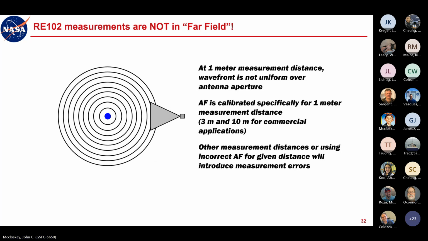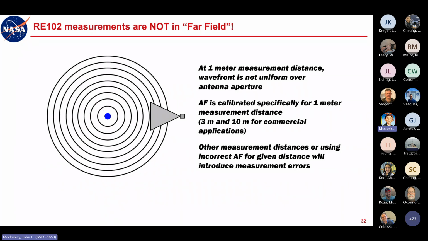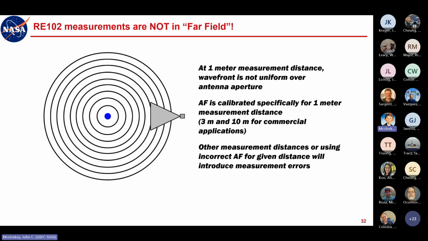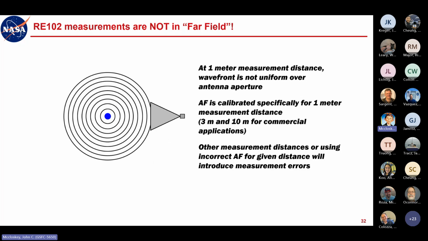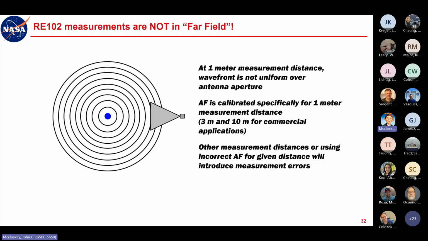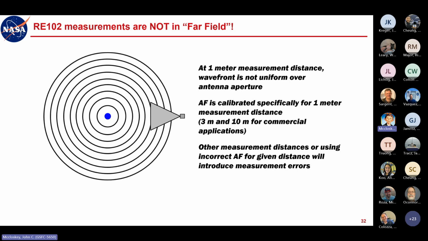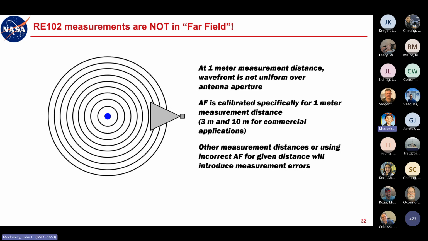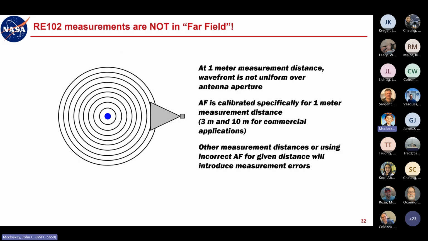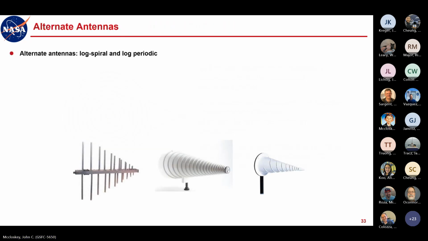Now, is it terribly significant? I don't know. If it introduces 1 or 2 dB error in your measurement, and you're aware of that and you can tolerate that kind of uncertainty, then maybe it's okay. But again, it's just being mindful of your application. Right. So, but this is why that 1 meter measurement distance is very specific and is a non-negotiable. You got to keep to that 1 meter.